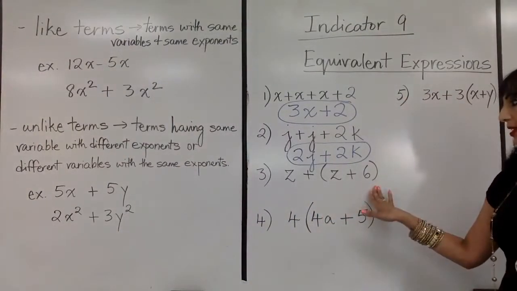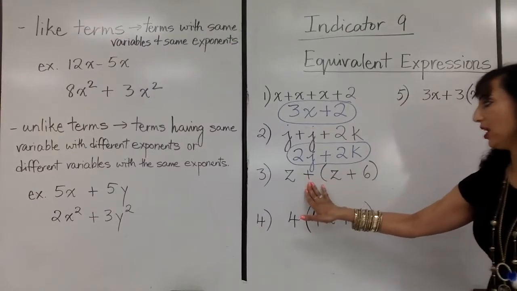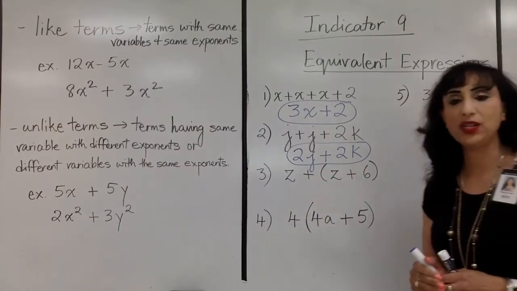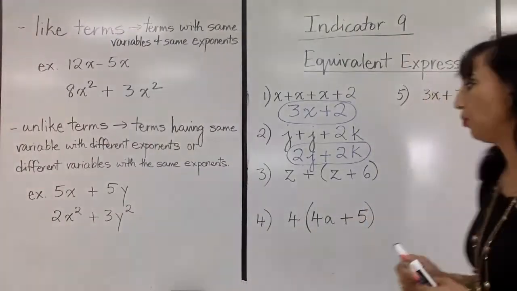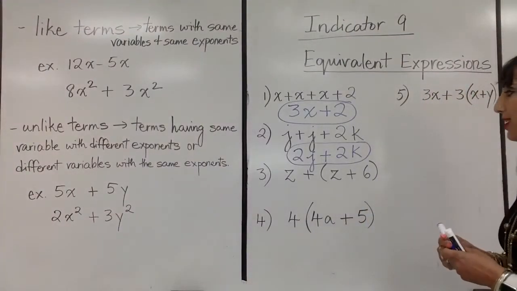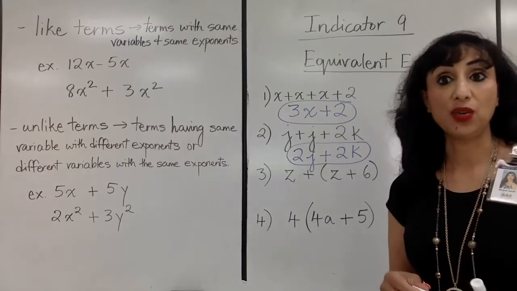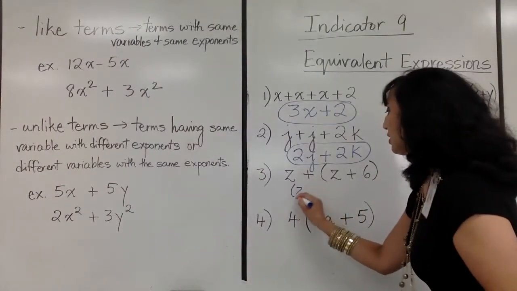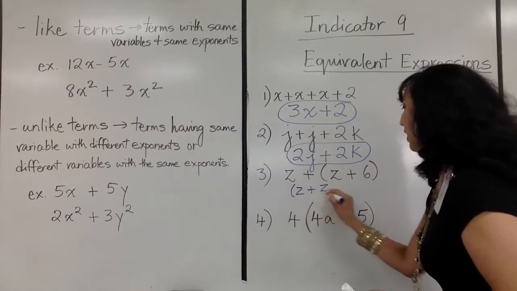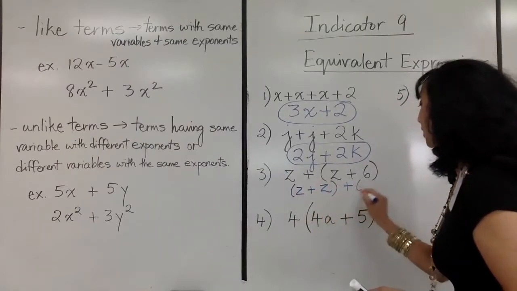Let's look at this. Now, since we have addition here, we are going to change the grouping, and we have done the properties. So we are going to change it based on the associative property, where we are changing the grouping. So this is going to become this now, right?